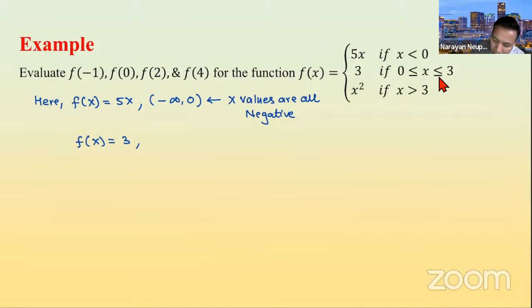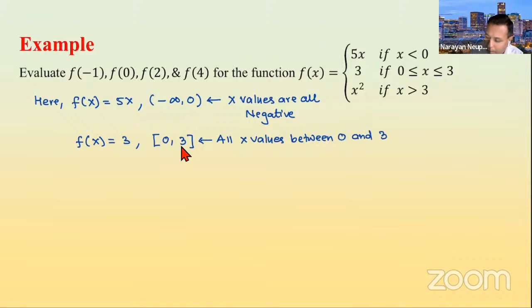So this is for all x values between 0 and 3, and here 0 and 3 are both included. That is the meaning of that.